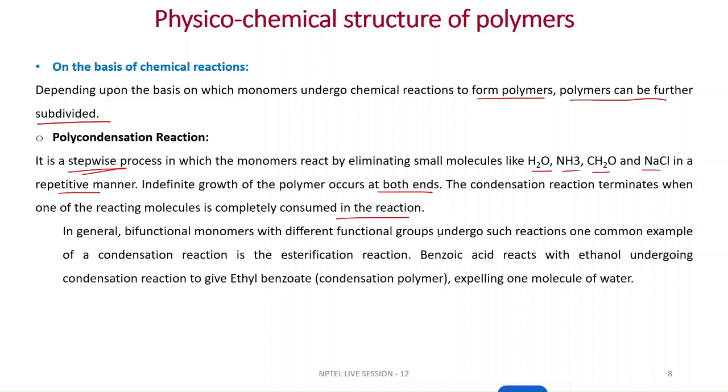One example that we can give of a condensation reaction is the esterification reaction. Suppose benzoic acid reacts with ethanol and undergoes a condensation reaction, which will give ethyl benzoate, eliminating 1 mole of water.